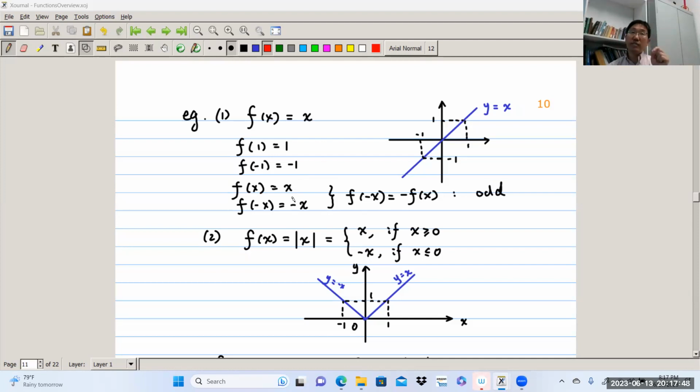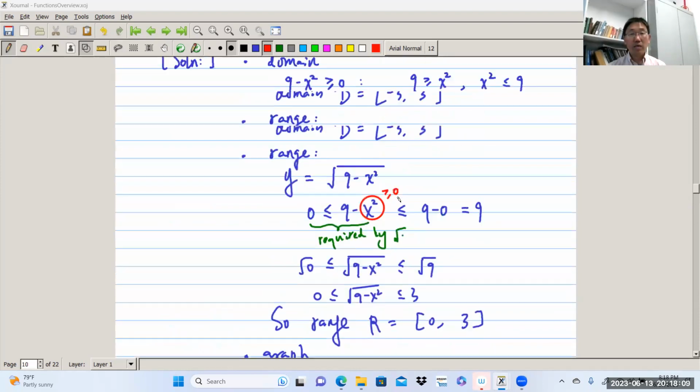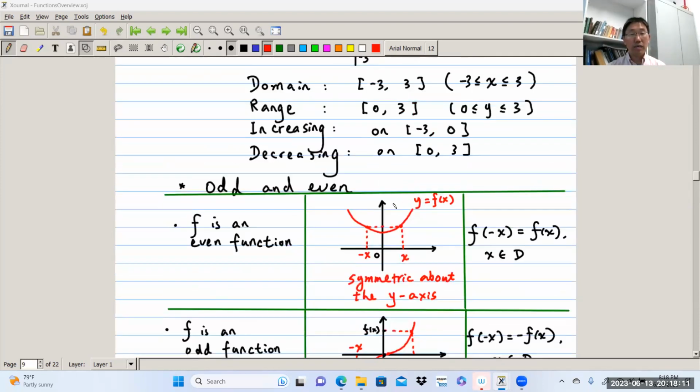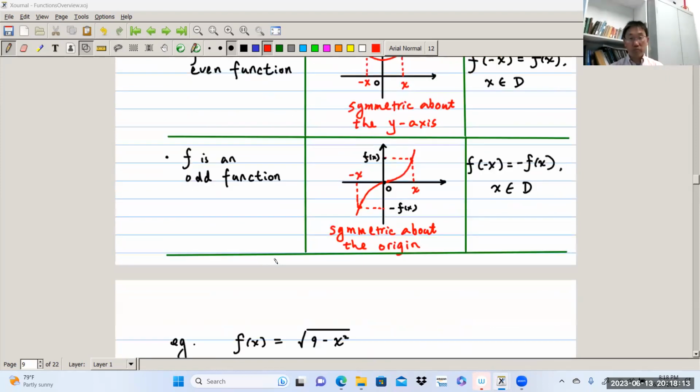So if a function satisfies this property, f at the opposite of x is the opposite of f of x, meaning you change the input to opposite and the output becomes opposite. Okay, clear? If a function satisfies this property, we claim this function is an odd function.